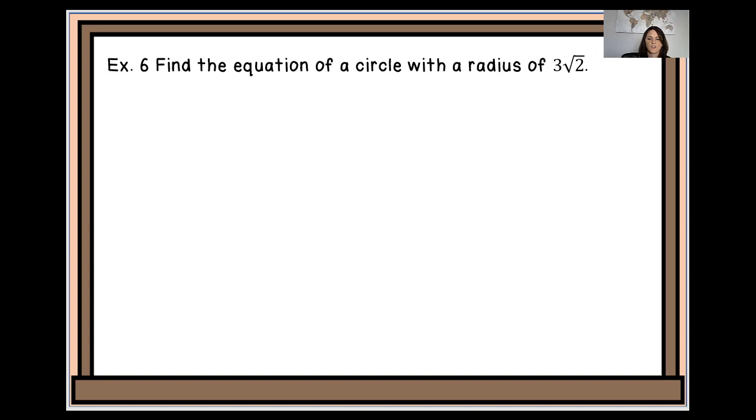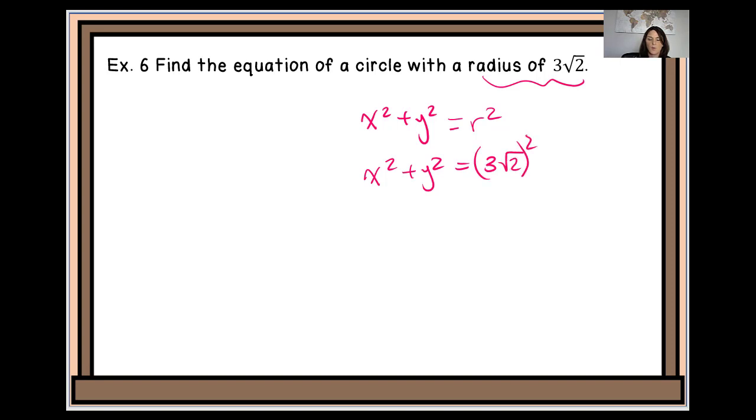Find the equation of the circle with a radius of 3 root 2. So x squared plus y squared equals r squared. And so if my radius is 3 root 2, I can write this as x squared plus y squared is equal to 3 root 2 squared.